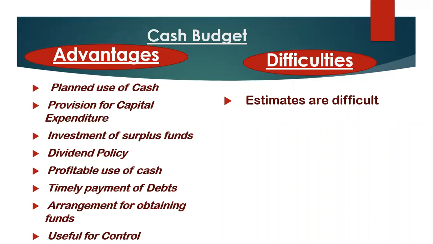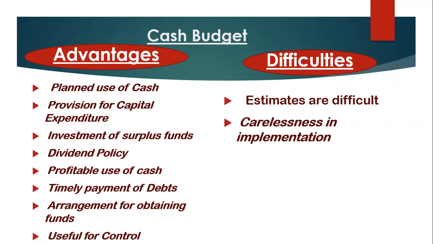So we cannot make exact estimates. And if estimates are difficult, it is very difficult to say that our cash budget is very efficient.